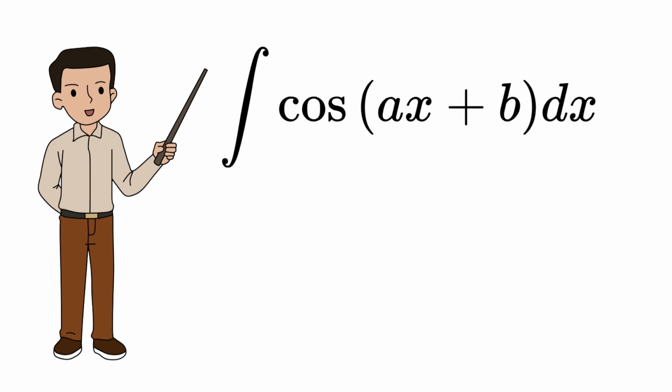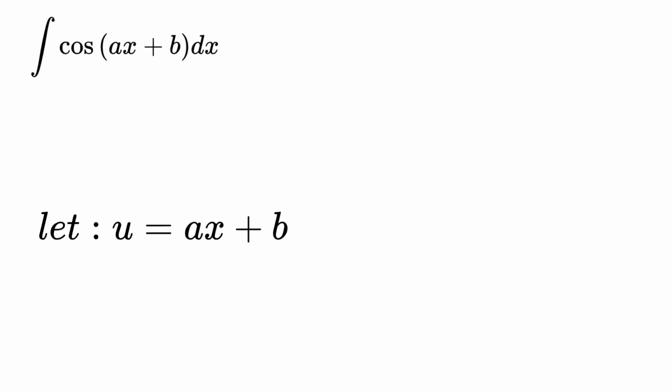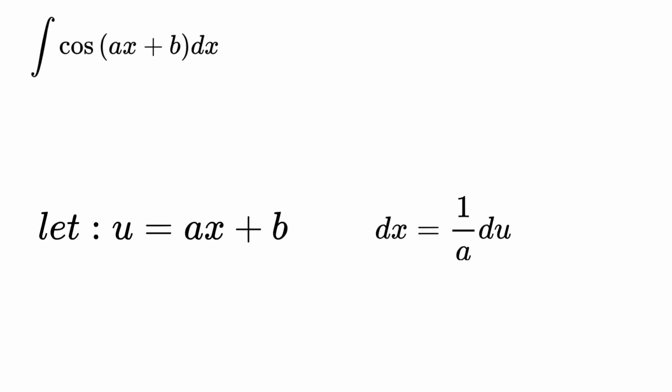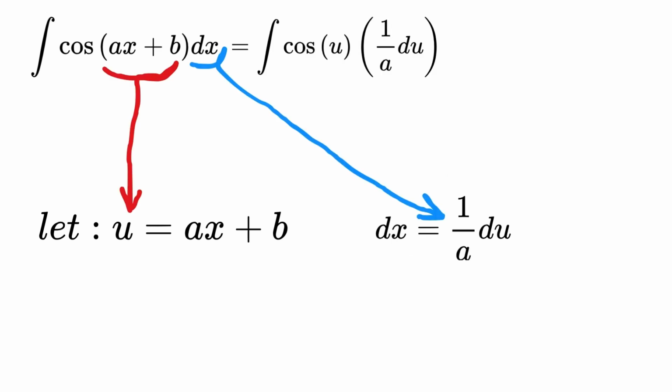Now let's learn about the integral of cos of ax plus b dx, and solve this integral by the substitution method. We can let u equals ax plus b, then du over dx equals the derivative of ax plus b, and we get du over dx equals a, or dx equals 1 over a du. So the integral becomes the integral of cos u times 1 over a du, which is 1 over a times the integral of cos u du with respect to u.